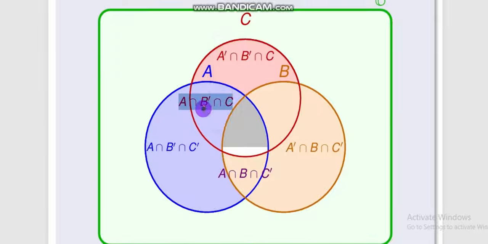So in this region we have A intersection, this one should have been here. But I don't want to make it so small that you hardly see. So A intersection B complement intersection C, meaning elements that are found in A and C but not in B, because this is outside circle B.